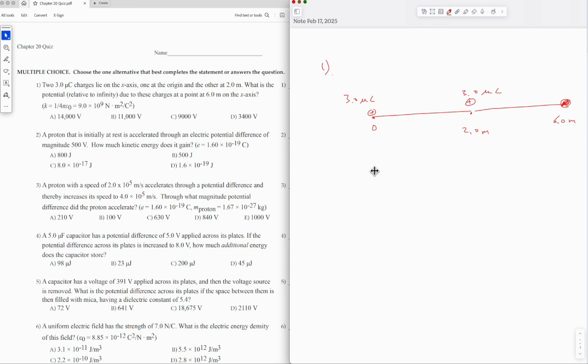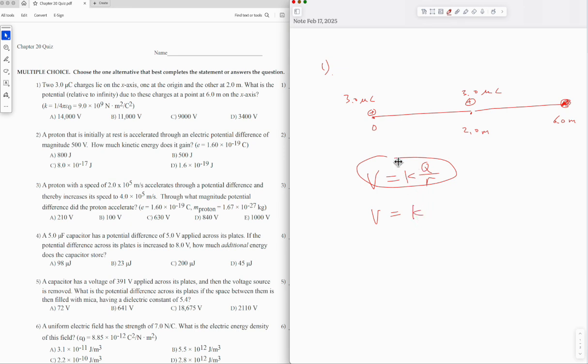We know the potential due to a point charge: V equals K Q over R. You have 2 point charges, so what's the potential there? Use this equation, calculate the potential due to each charge, and then add them together.